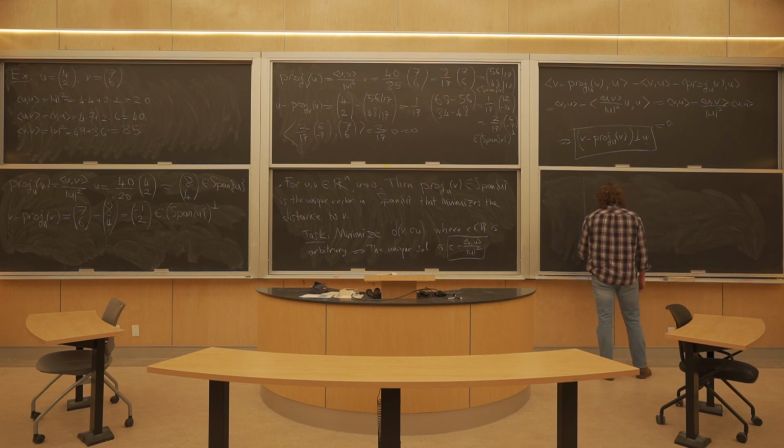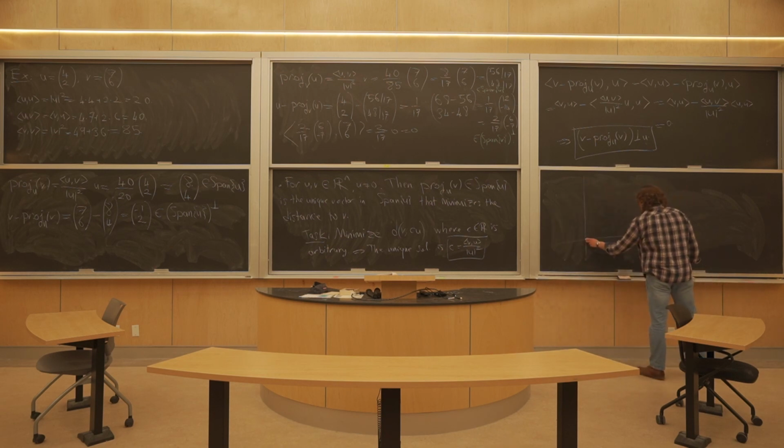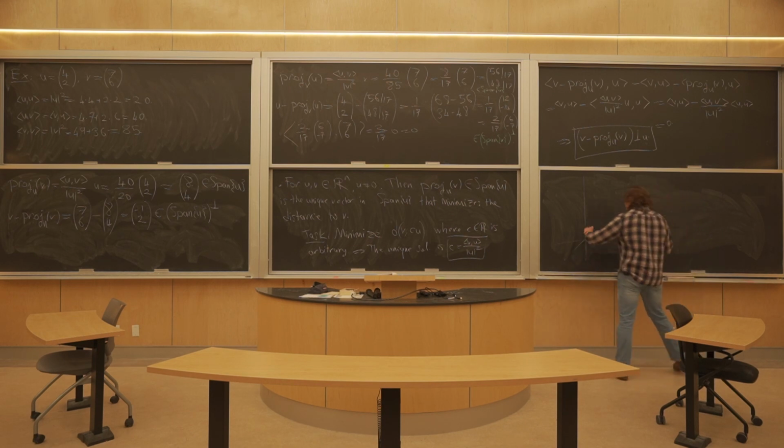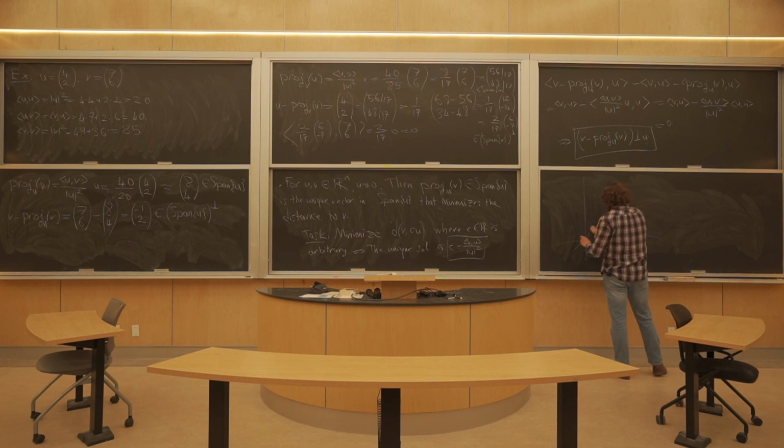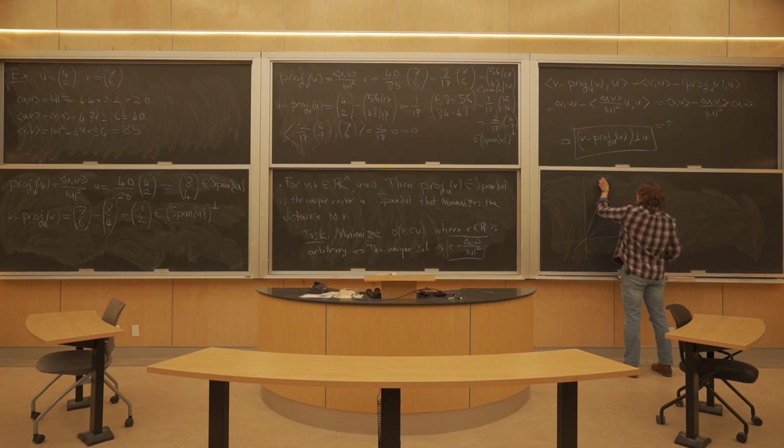So let's look at this. This is going to be the span of u. And somewhere here is, let me try to draw it better. Let's say that v is here.